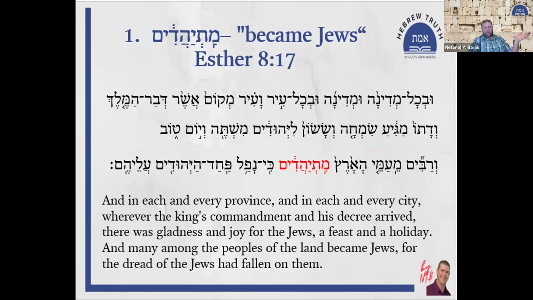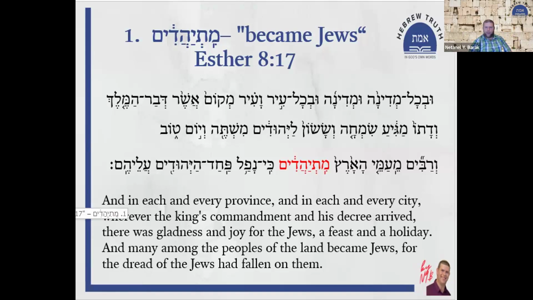The root is something that we do have, Yehuda, as a name, but as a verb, and as a word, as a form, and as a verb, definitely yes. So it appears only once, only here, it's unique.